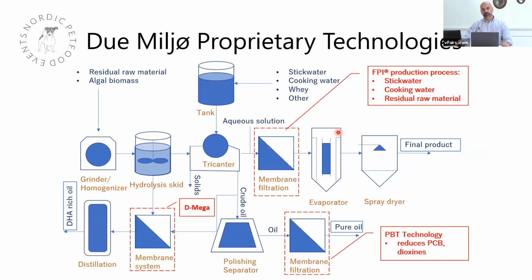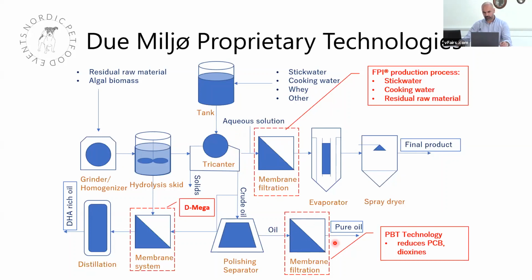On this slide, we just show that these membrane filtration systems require other equipment around them. I'm not going to explain every one of these processes. It's just to show that, for example, Duemilio has proprietary technology in fish protein isolation, where we can use stick water or hydrolysates to isolate protein, and then we use membrane filtration after the tricanter, before any evaporator.